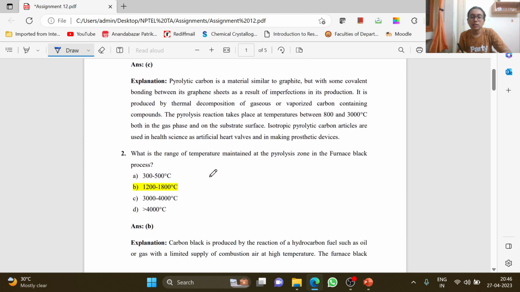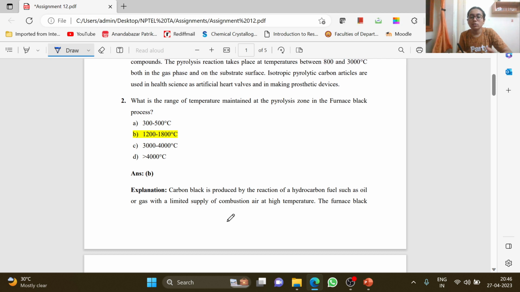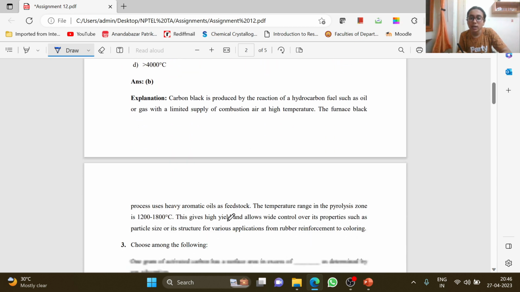Then, what is the range of temperature maintained in pyrolysis shown in the furnace black process? The temperature is 1200 to 1800 degrees centigrade, because this process is carried out by the reaction of a hydrocarbon fuel such as oil or gas with a limited supply of combustion air at high temperature.